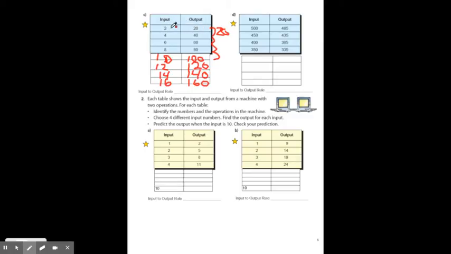So then I could think, well, adding 2 plus 18 would give me 20. But remember, to be the rule, it has to work for all of them, and 4 plus 18 is not 40. So now I know I can't start with adding. I must start with multiplying. So then I ask myself, well, 2 times what will give me 20? Well, I know 2 times 10 will.